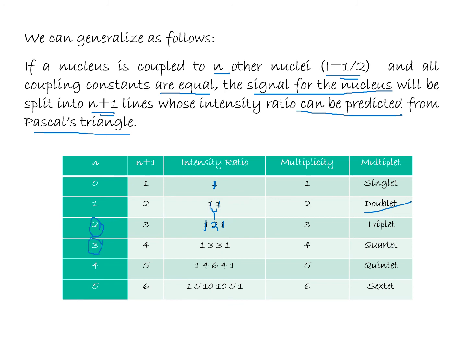With 3 nuclei, go to the right, write 1, then 1 and 2, in the middle between them write 3. 2 and 1, in the middle write 3. And then write 1. So if you have 3 neighbors, it will show up 4 lines, 1 to 3 to 3 to 1, and that's a quartet.